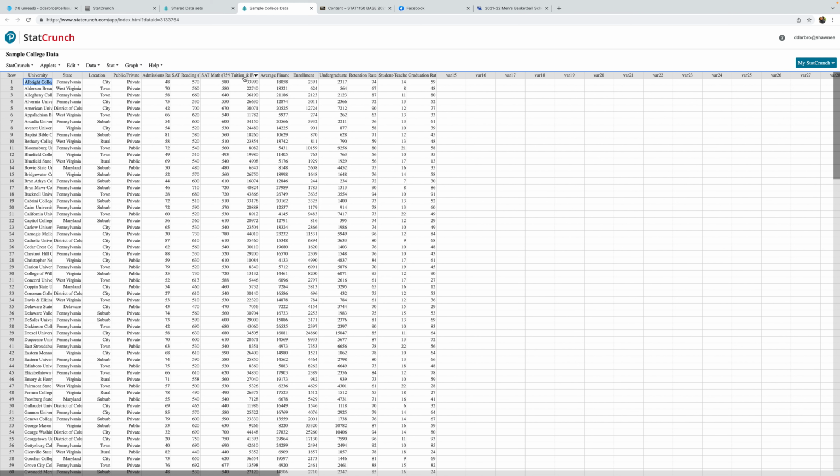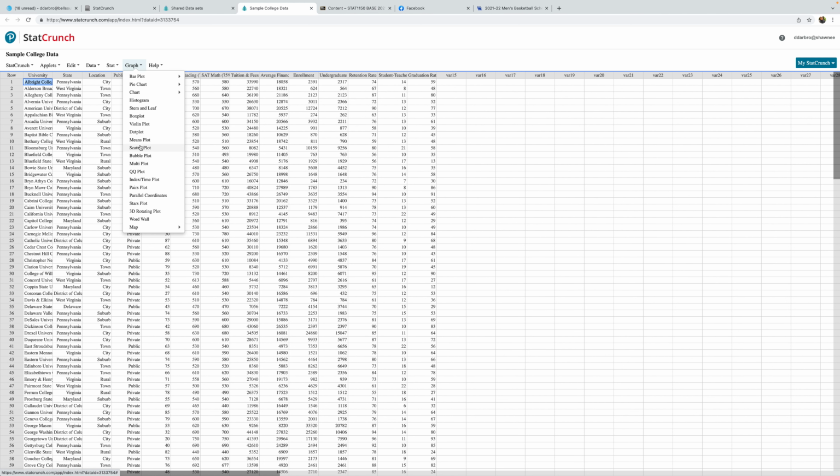So for that reason, I think tuition and fees would definitely be my independent variable, my X, my explanatory variable, my predictor variable, and retention rate would be the Y or the dependent variable.